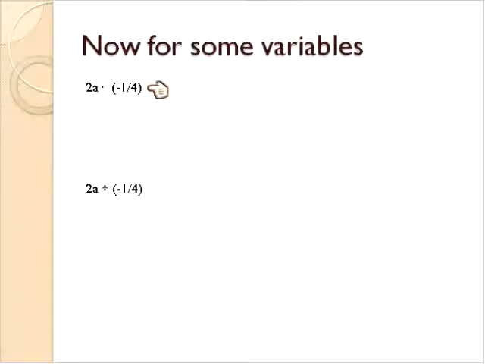All right. Let's look at some variables now. When we have a question like 2a times negative 1 over 4, we are going to do exactly what we did before. We multiply 2a times negative 1, and this unwritten fraction of 2a over 1, we're just going to write it.